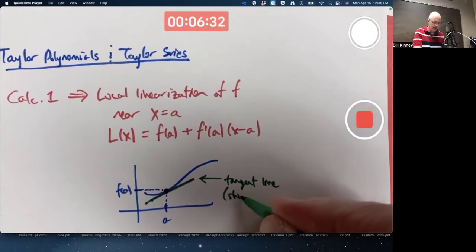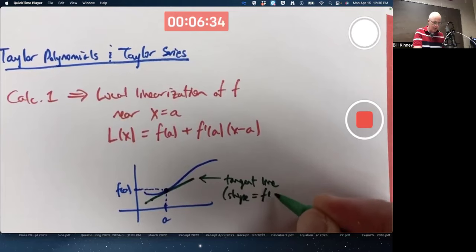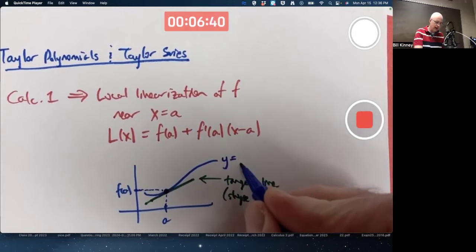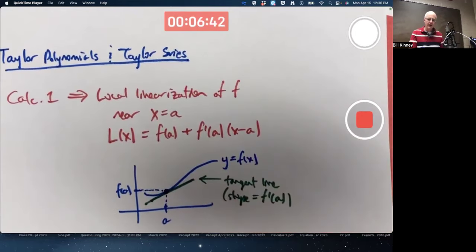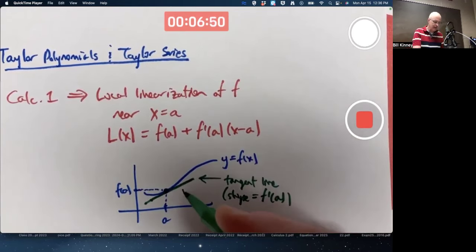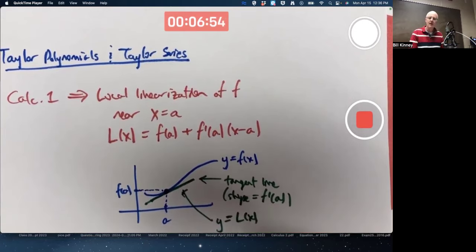The slope of it equals f prime of a. The blue graph is the graph of the function y equals f of x. What I claim is this, maybe it's hard to tell the color there, this green graph is the tangent line itself. It's the graph of L of x. Y equals L of x.